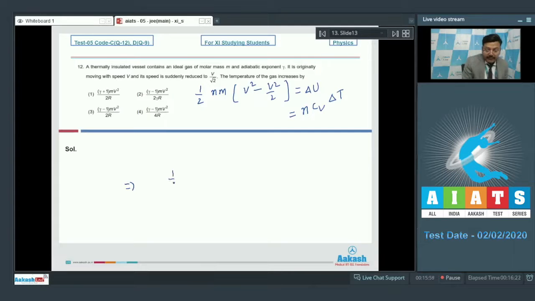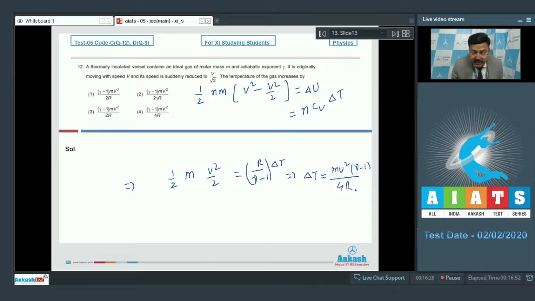So what we have is half M, where M is the molar mass, into v square by 2 is equal to R upon gamma minus 1 into delta T. And so we can see that delta T, the change in temperature of the gas, is equal to Mv square into gamma minus 1 divided by 4R. If we look at the expressions, it is clearly matching with option 4. So for question 12, option 4 is correct.